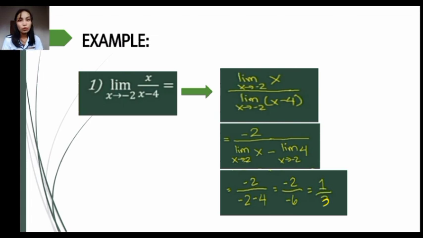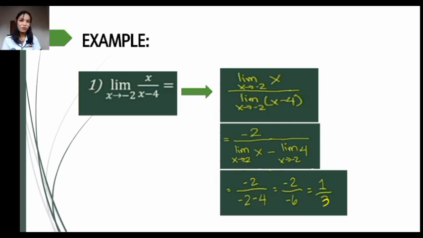So, negative 2 over negative 6, and the answer would be 1/3. It is positive since dividing numbers with the same sign always gives a positive answer. Hence, the limit of x over x minus 4 as x approaches negative 2 is equal to 1/3.